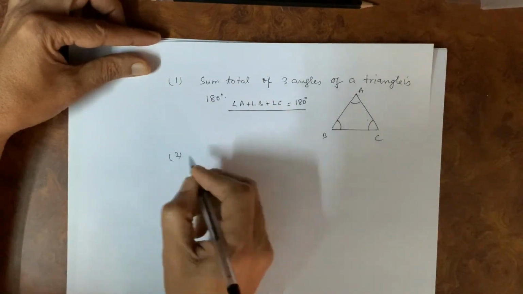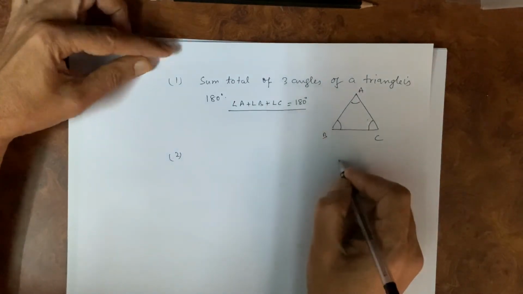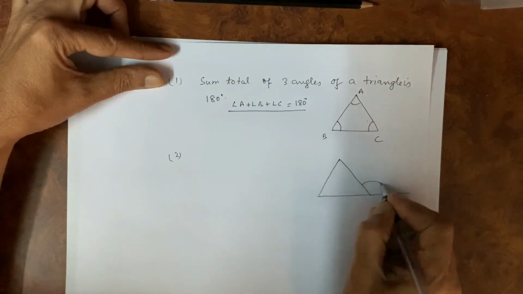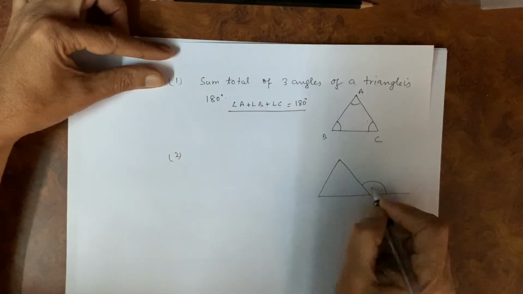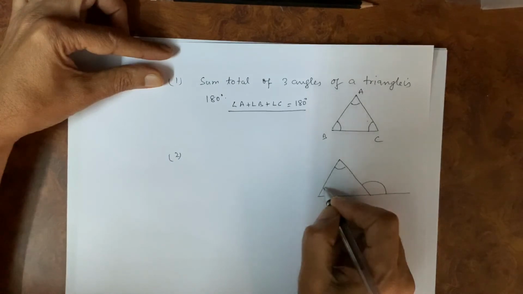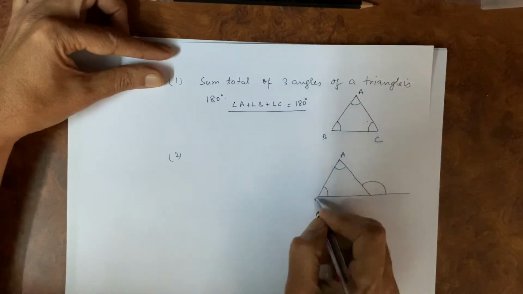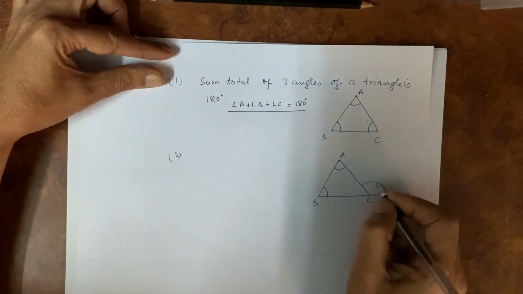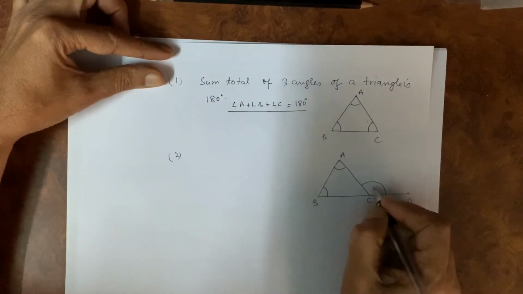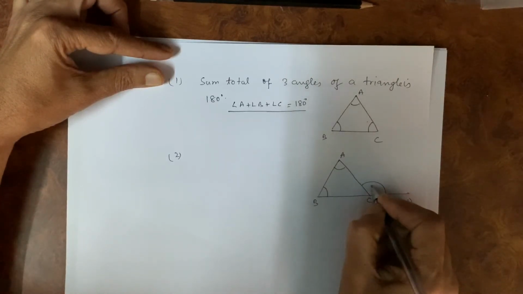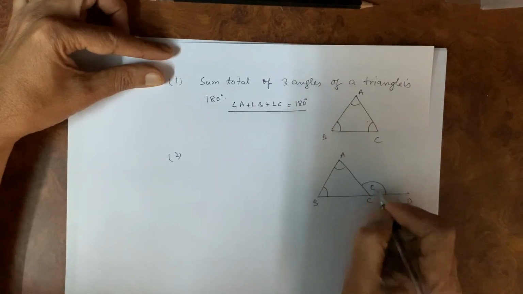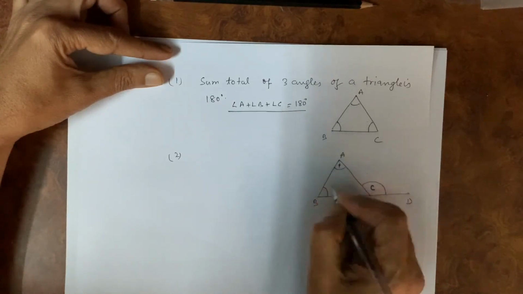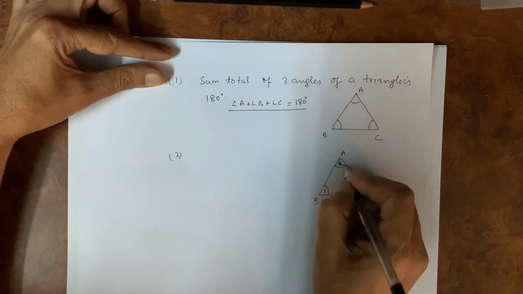And second is: the exterior angle of a triangle is equal to the sum total of its opposite interior angles. A, B, C, D. So this angle, let us call it angle C, is equal to angle 1 plus angle 2.